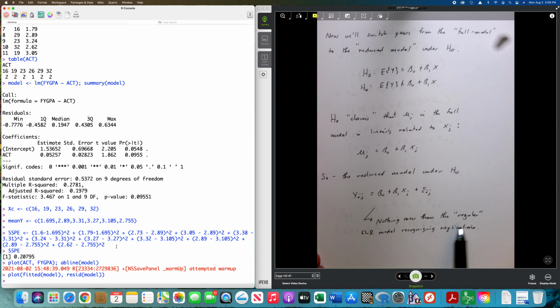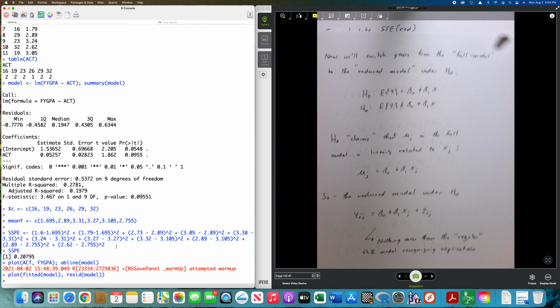So this is nothing more than the regular simple linear regression model recognizing our replications. So in other words, we're going to run a second model based on our xc's and our mean y's, and then we're going to compare the full and the reduced models to determine, again, if a linear model is appropriate for describing the relationship.